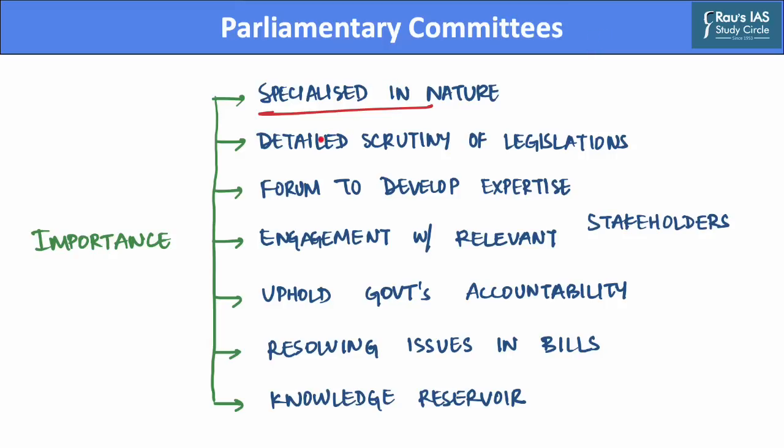Further, these committees provide an opportunity for detailed scrutiny of legislations, as due to the magnitude of work and limited time available for the functioning of parliament, the MPs are unable to comprehensively scrutinize a legislation on the floor of the house.